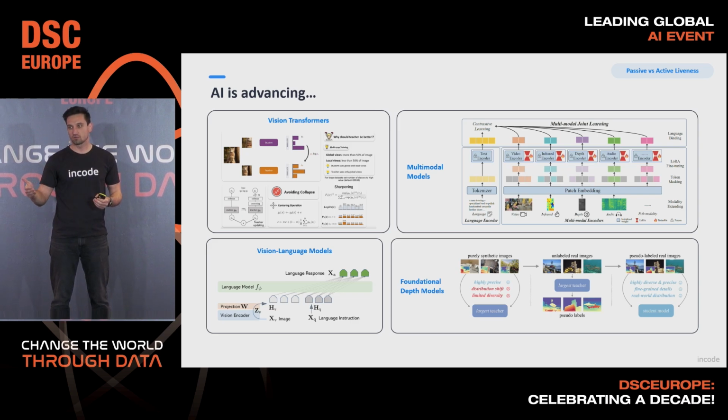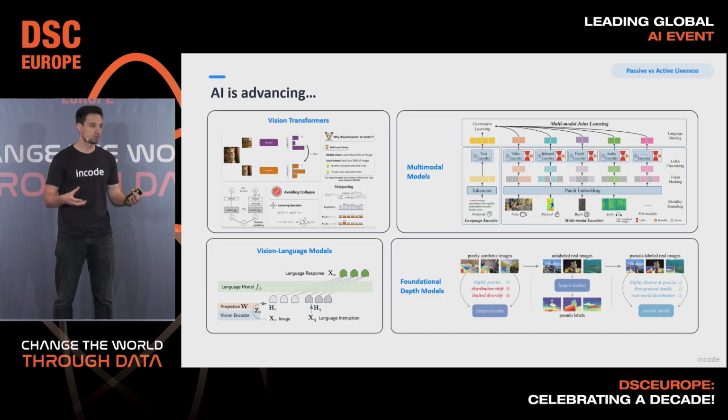Then we got vision language models, which my colleague Renat was talking about yesterday. These basically merge language embeddings and image embeddings into one space, and that way you get a richer data representation that you can utilize for better model performance.